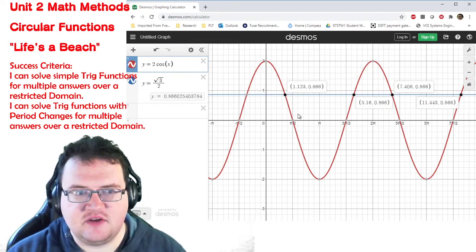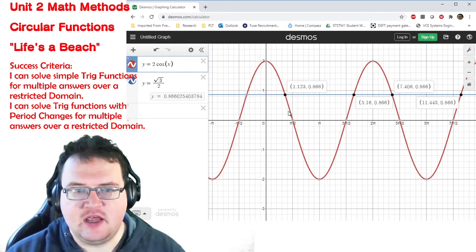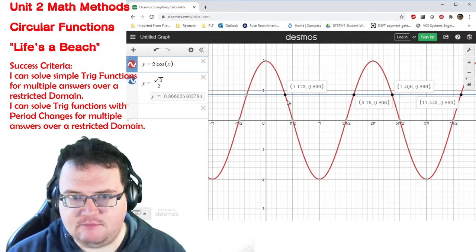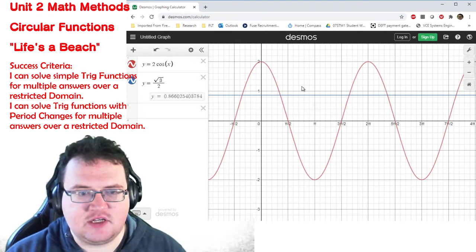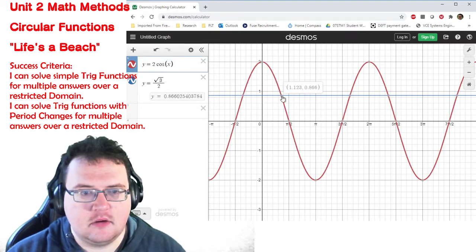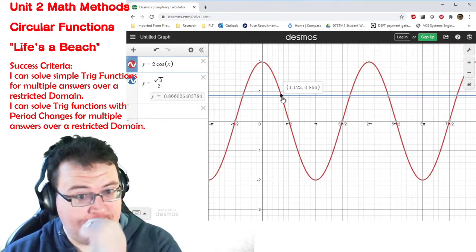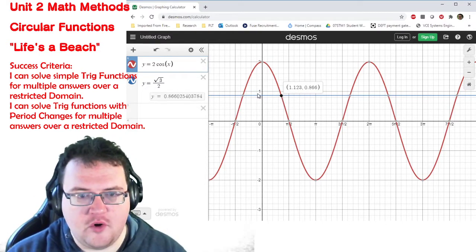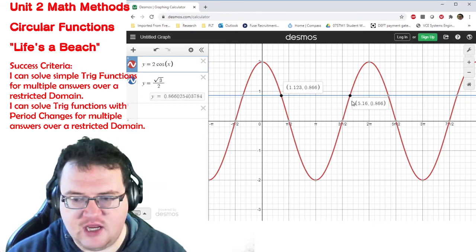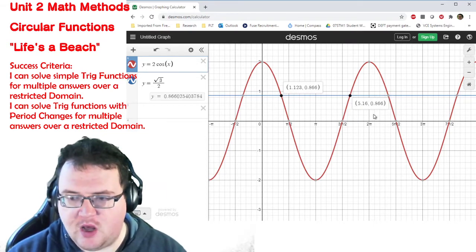Now, obviously, it's not because of the amplitude shift. It's not neat pi on 6s anymore. But if you see here, it's 1.123. So it's 1.123 from 0. And this one is 1.123 from 2 pi.